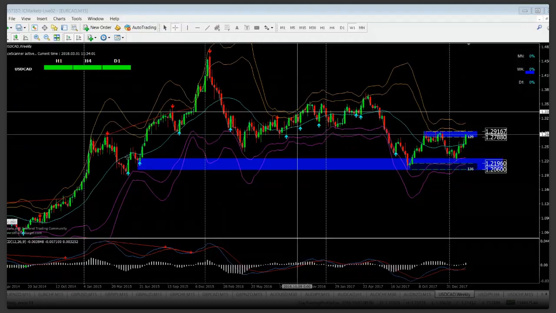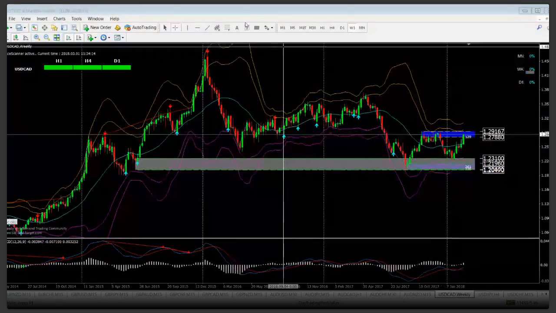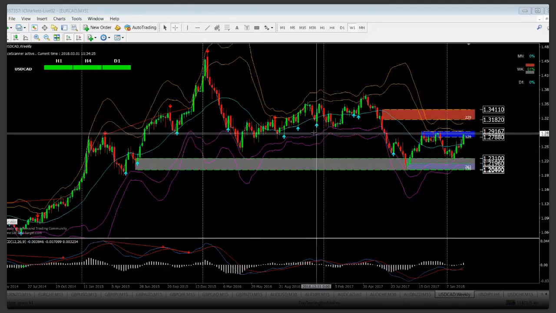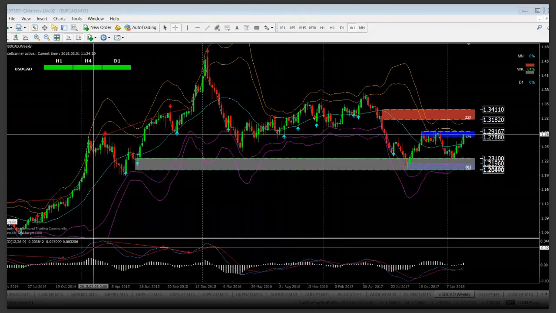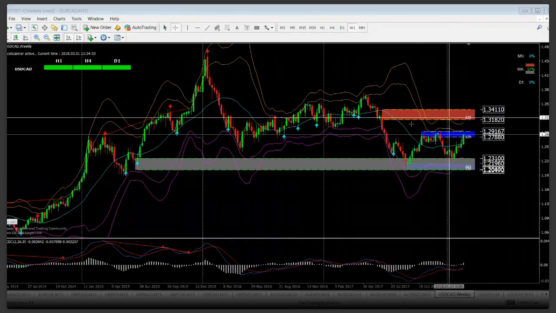Over here, see, come down, hit it, rallied, come back down, hit it again. So USD CAD higher time frames is looking like it's heading north. First, it has to break out of the 129 area. Next area is up towards the 131.